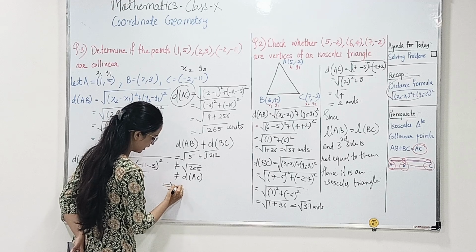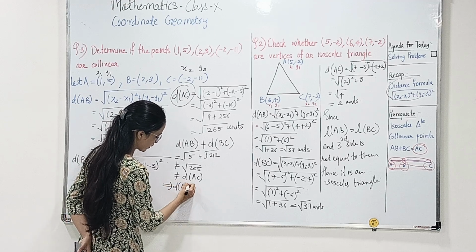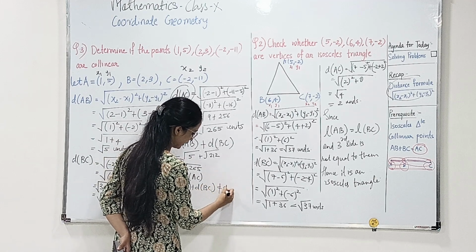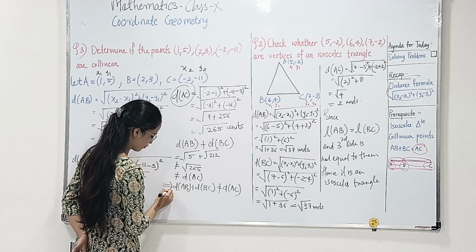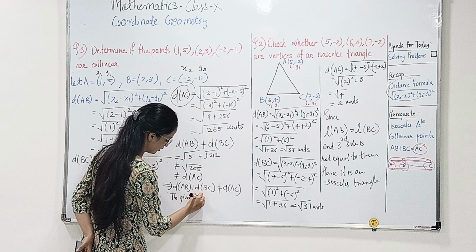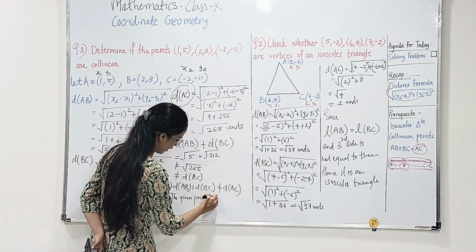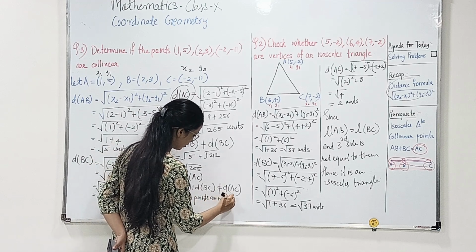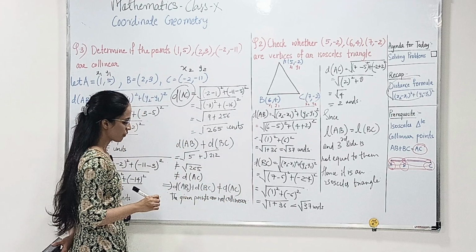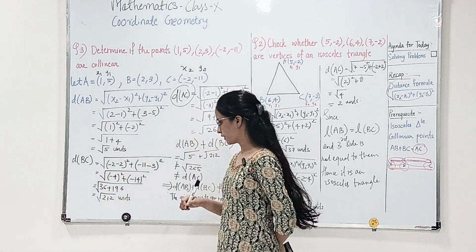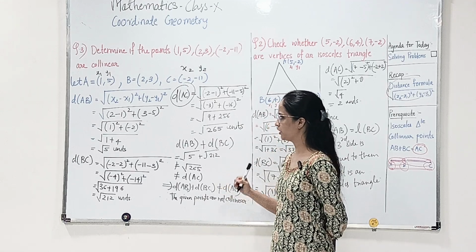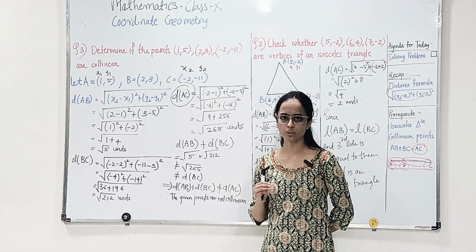So distance AB plus distance BC is not equal to distance AC, and hence you can say that the given points are not collinear. Since AB plus BC is not equal to AC, these 3 points are non-collinear points.